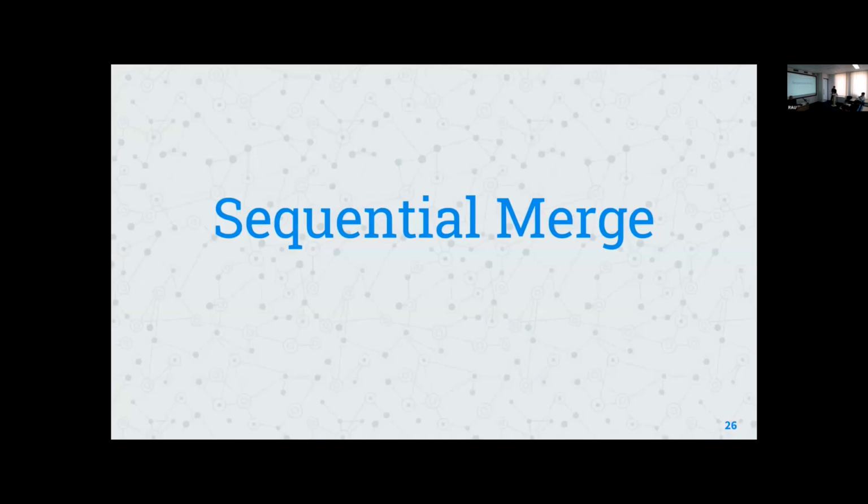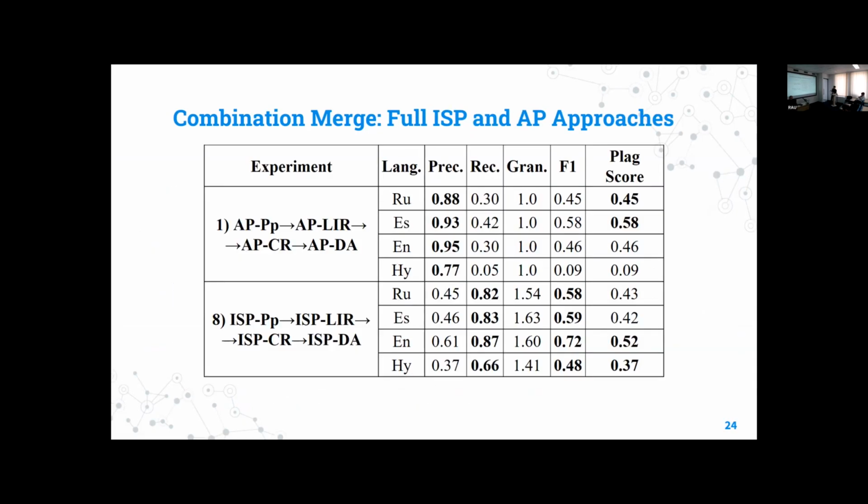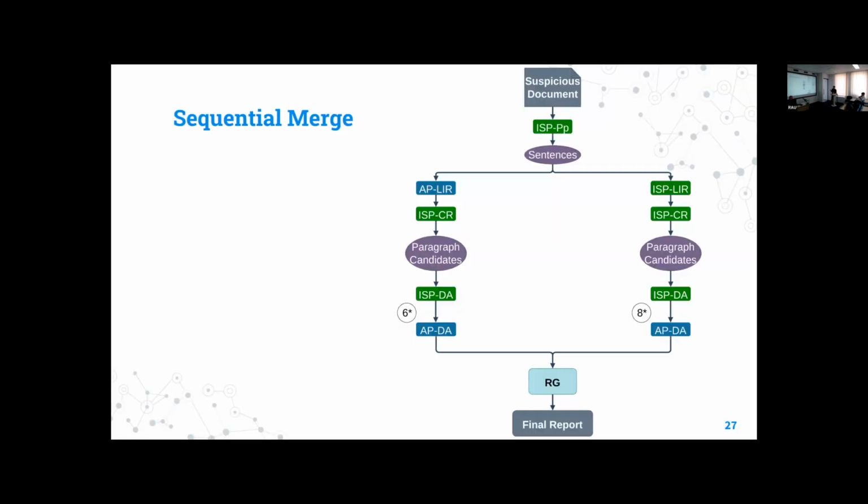Afterwards, we wanted to try something new. We can see here that the precision score of the anti-plagiat rule algorithm is high enough, and the recall score of the ISPRAS algorithm is high enough. So we tried to use that in a sequential merge.